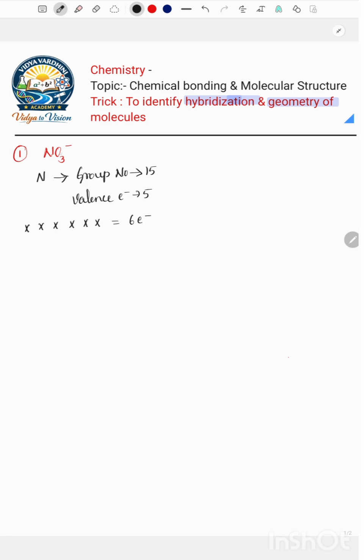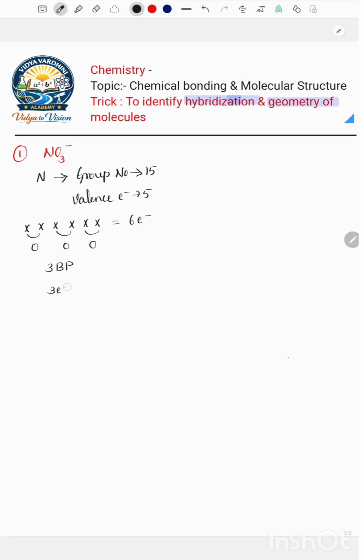Now there are 3 oxygen atoms attached to nitrogen and this oxygen belongs to group number 16. Valence electrons are 6. Hence it requires another 2 electrons to attain octet configuration. Thus here it takes 2 electrons. This is first oxygen, second oxygen and the third oxygen. Therefore, there are totally 3 bond pairs.